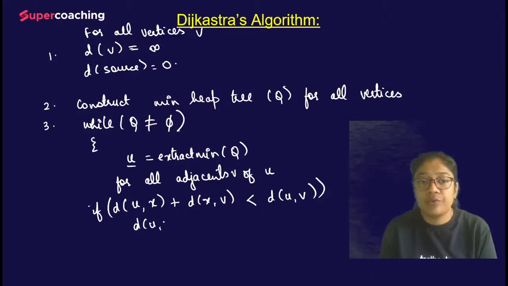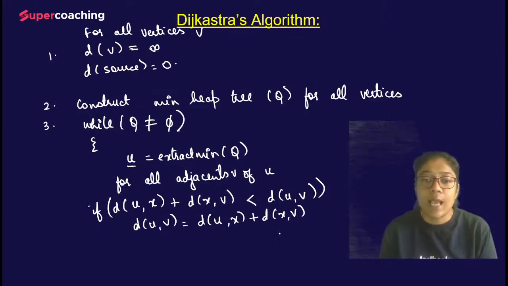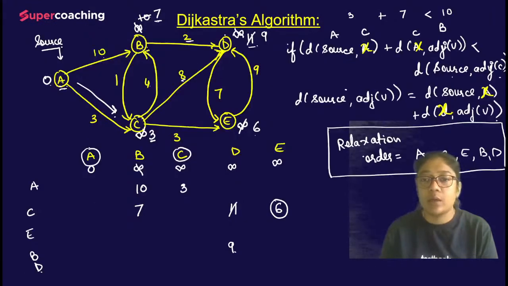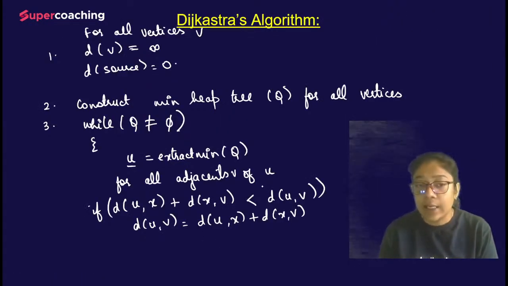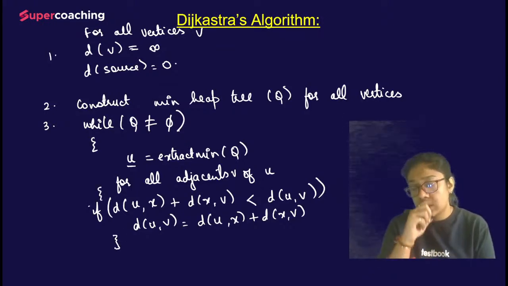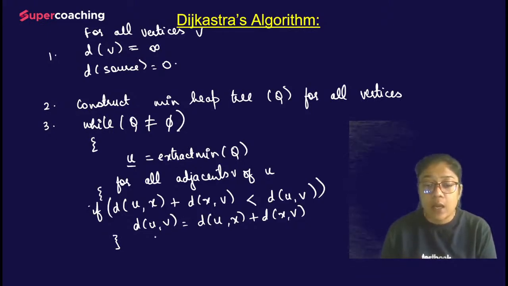Distance from U to V, we got a smaller value, so we will be updating that value: U to X plus distance from X to V. Exactly the same thing I'm writing here that we have discussed, when we need to update the value. If we are getting any value, then update it, then definitely it will be making changes in the heap tree. And after that, we will be just deleting the values one by one. So this will be the end of the while loop.